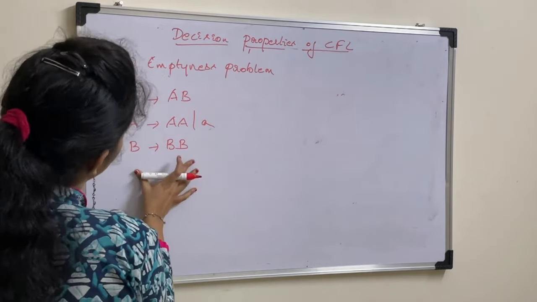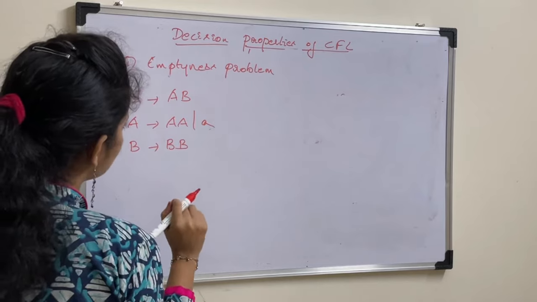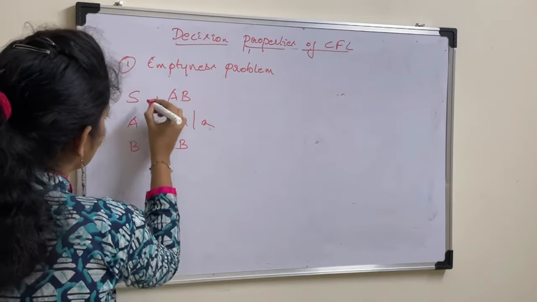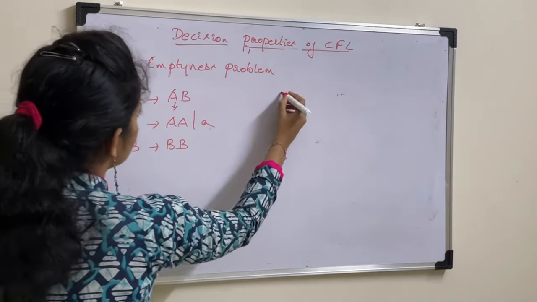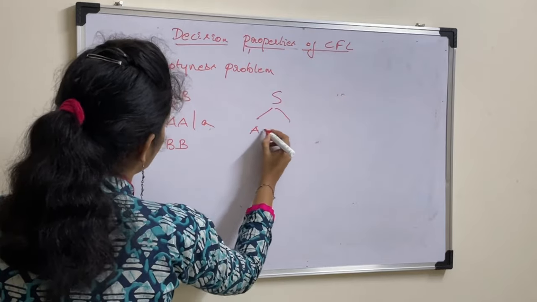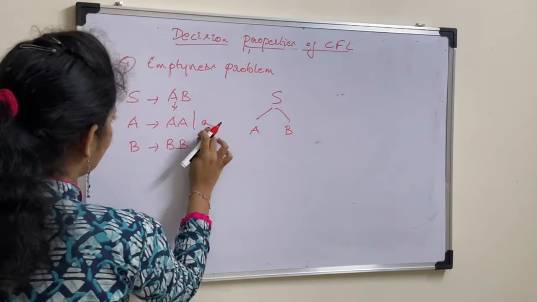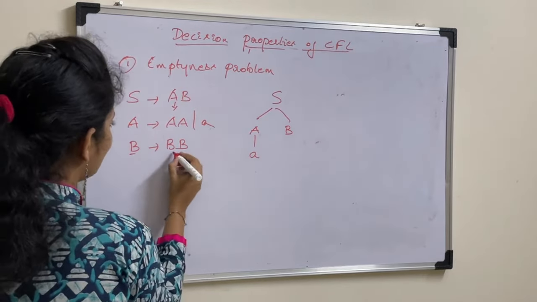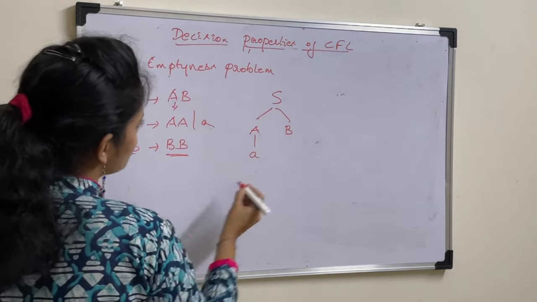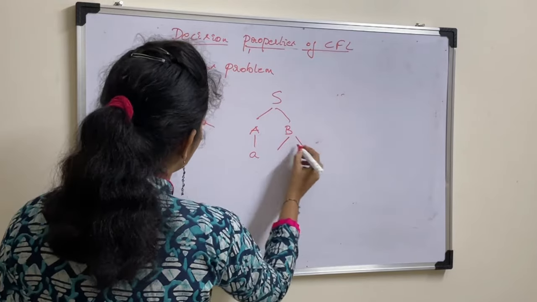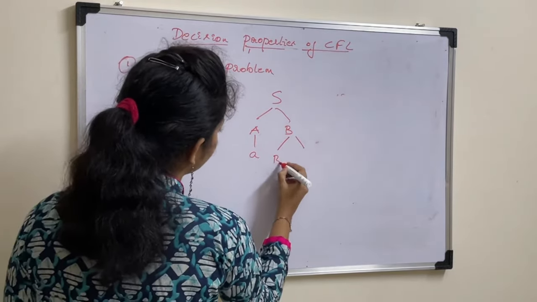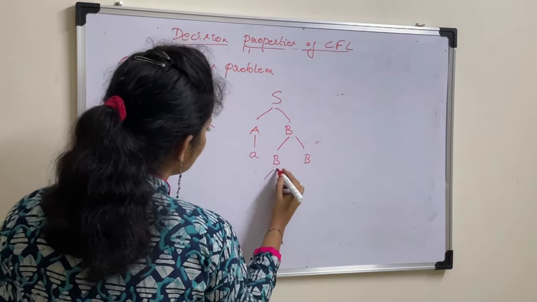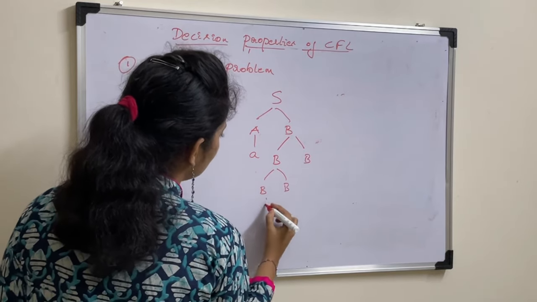Check whether this grammar contains any useless symbols. Here S derives AB. From A we have terminal a, so you can terminate this A. Whereas from B there is no terminal symbol, so it can't be terminated, because B generates BB, again B generates BB, and so on.